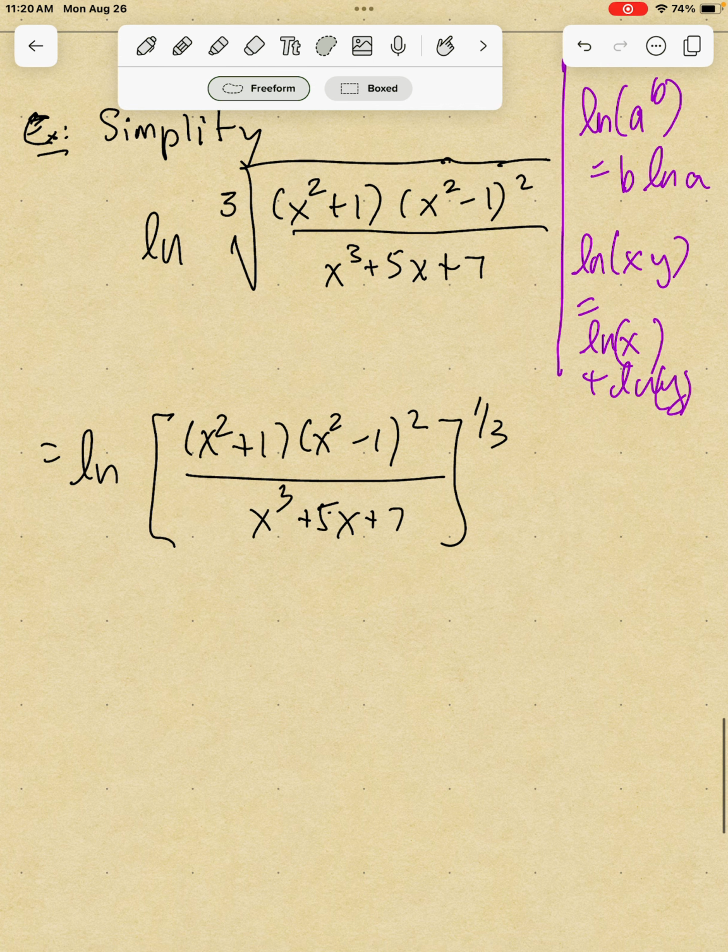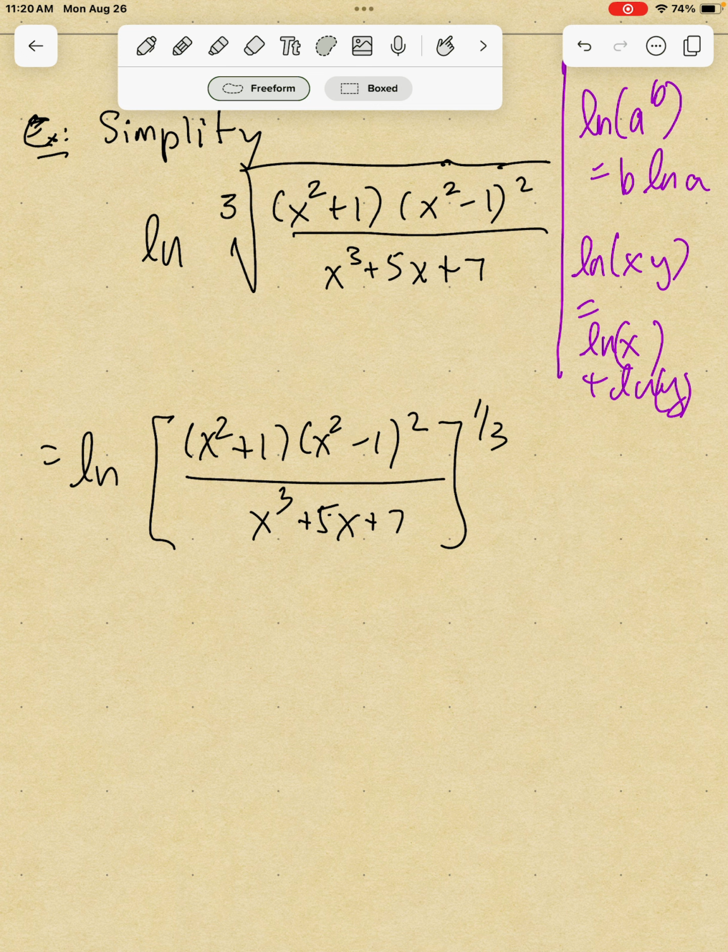Okay. So I have this form, the natural log of a to the b. So my a is going to be this, my b is 1/3, and now I can use this property that's b times ln a. So this is going to equal 1/3 times the natural log of this.